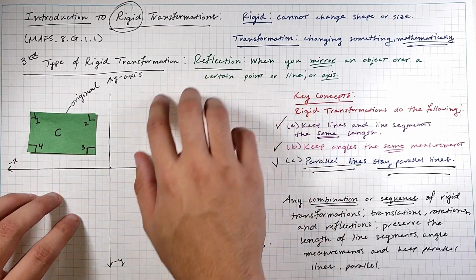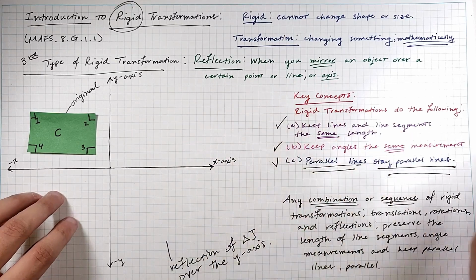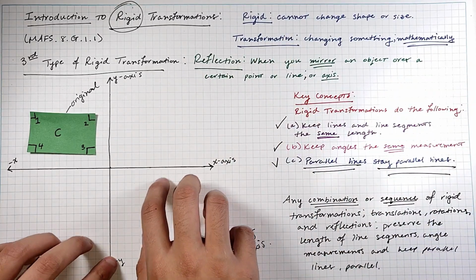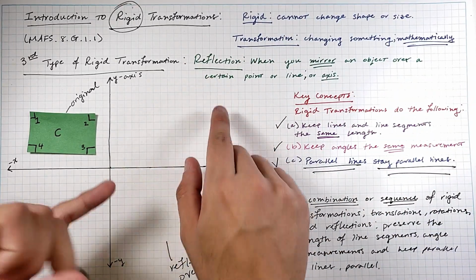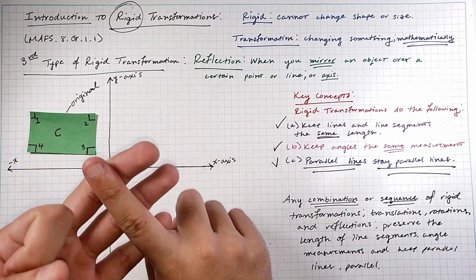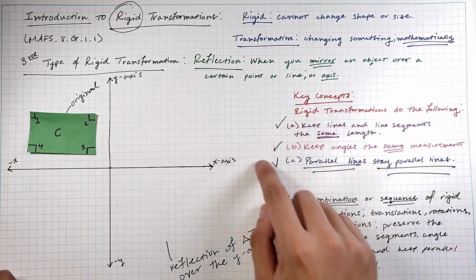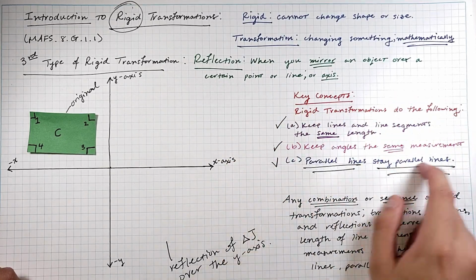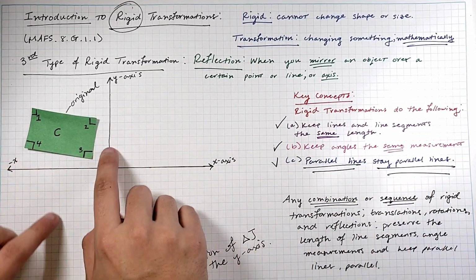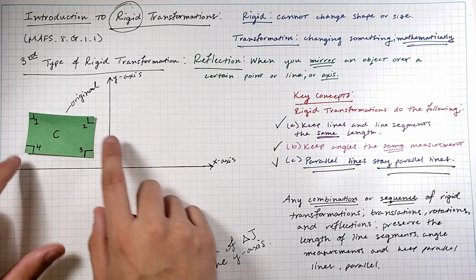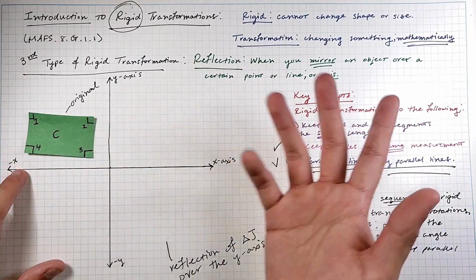It doesn't matter. No matter what I do, as long as I'm doing these transformations, all of these key concepts will still hold true. The lines will stay the same length, the angles will stay the same measurement, and the parallel lines will be mapped to parallel lines.